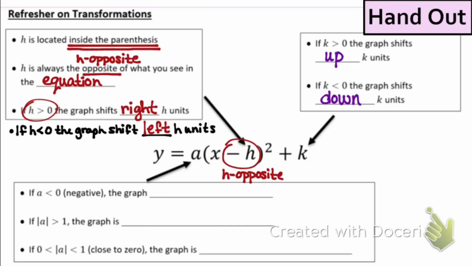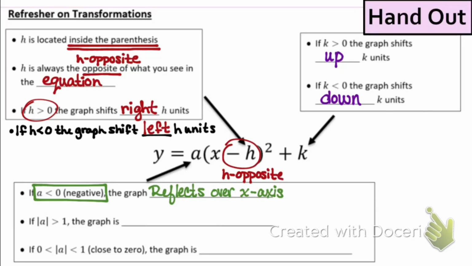And then we come to a. If a is a negative number, the graph reflects over the x-axis. What does absolute value mean again? Distance from 0.